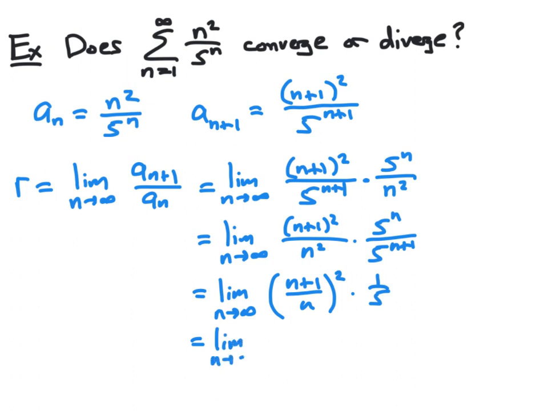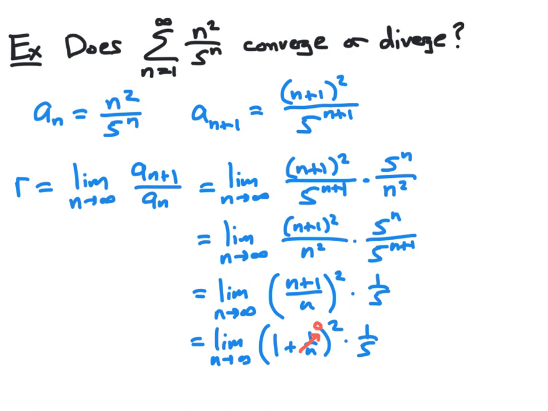Now this first term we can keep rewriting if we wanted. We could divide everything by n in there. We can actually expand or simplify this fraction: we have n over n, which is 1, plus 1 over n, quantity squared, times 1/5. And we know as n goes to infinity, 1 over n will go to 0.